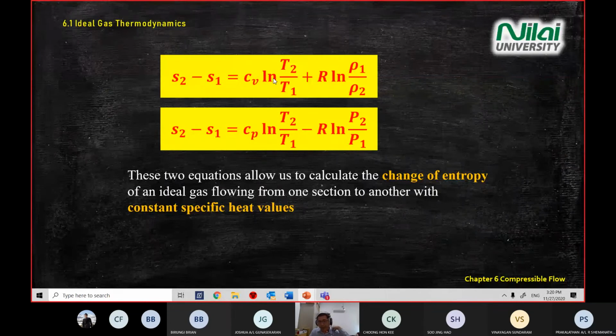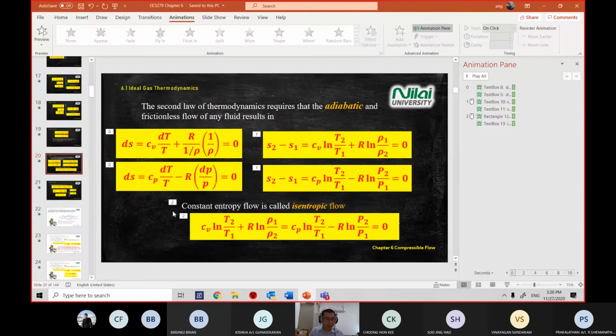If you are asked about entropy, you can choose either CV or CP, but be careful with the terms you use. One is positive, rho, one is negative, pressure. Okay, I think I explained this question very clearly. Move forward a bit.